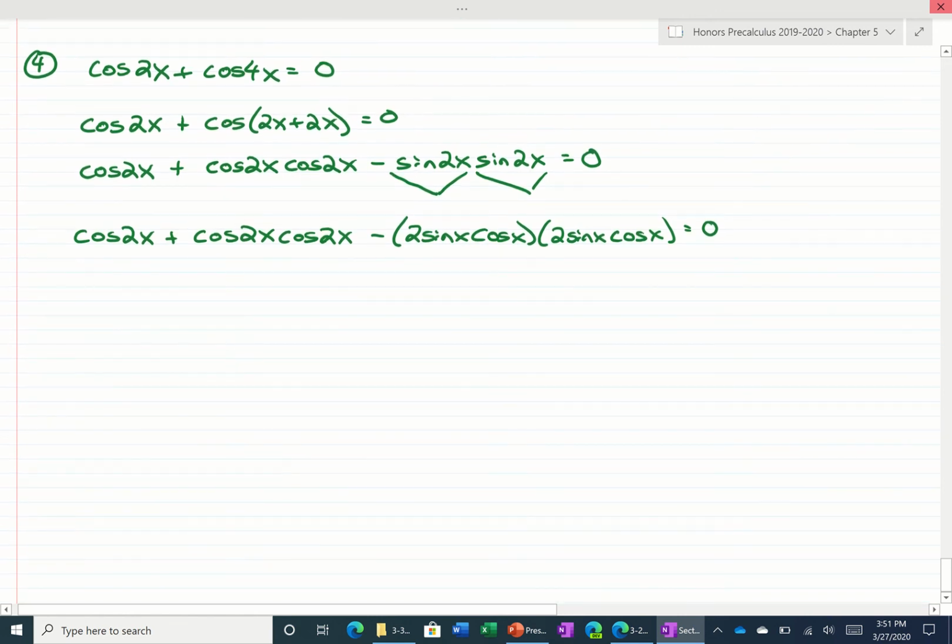And it looks like this part is going to just turn into negative 4 sine squared of x cosine squared of x.